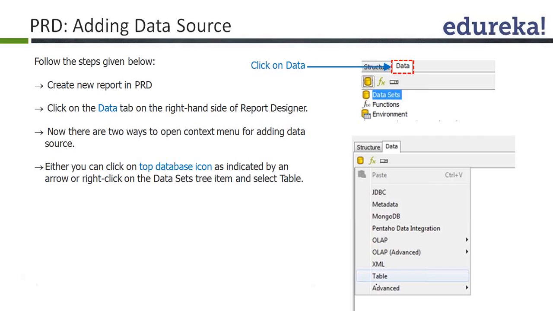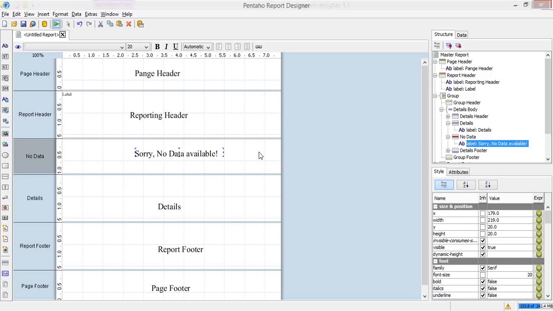Now let's go step by step. You'll have to first add the data source. Now how to add the data source? You go to data set, data, then create a new data report in PRD. Click on the data tab and, okay, so let me start that example here.